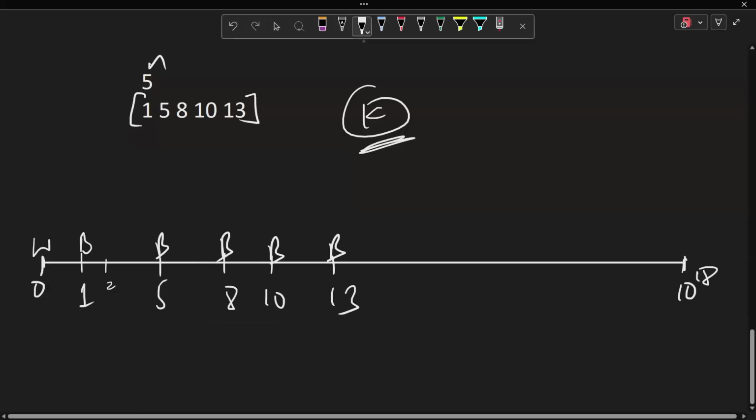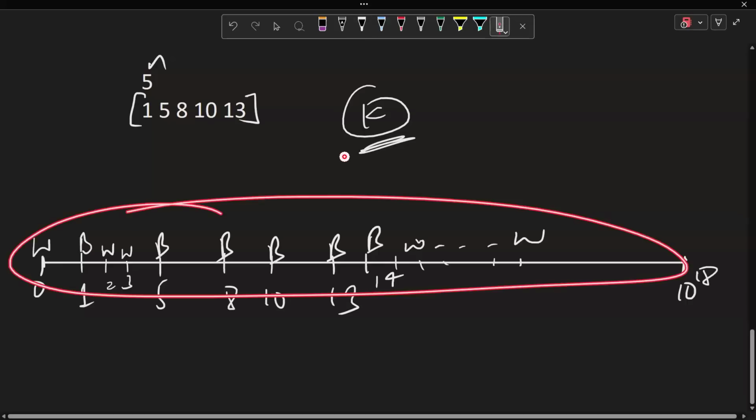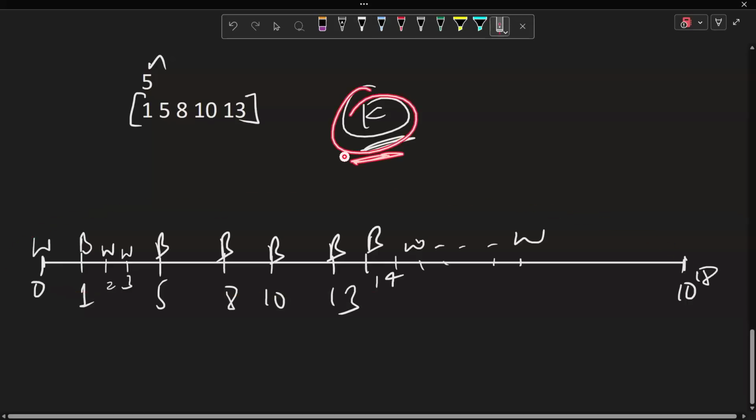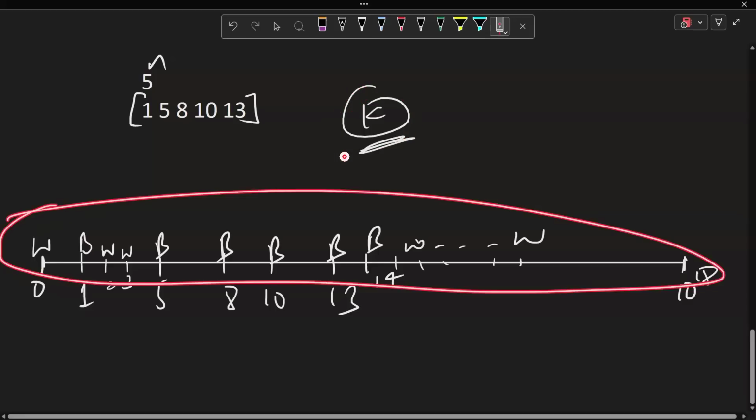Cell number 2 should be white, cell number 3 should be white. And you can have maybe one extra cell, let's say cell number 14, that is black. Other than that, all the remaining cells should be white. So this is what should be there finally. You need to select the minimum k so that you can come to this state.